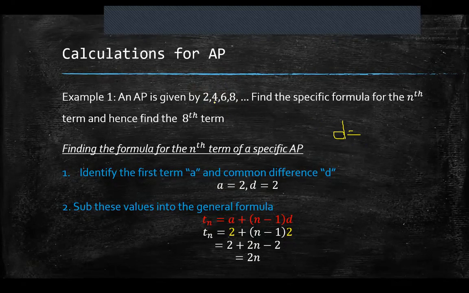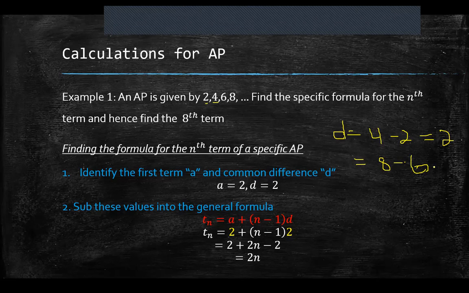So let's say I wanted to use the second and first term. Second term minus first term would give me my common difference, 2. Or I could say, let me use the fourth and the third term. So fourth term minus third term, 2. My common difference is 2.